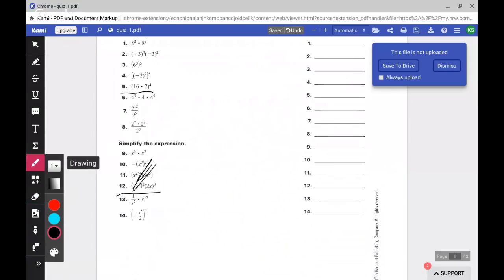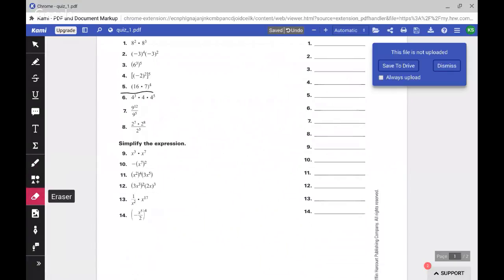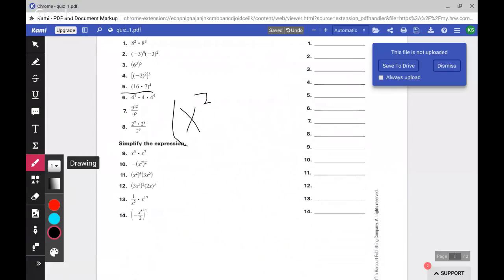And then number 11. You've got x squared all raised to the 4th power, and then 3x to the 5th. A couple people were assuming that you're raising this 3 to the 5th, but that's not the case. Only if it's on the outside do you raise it to the inside.